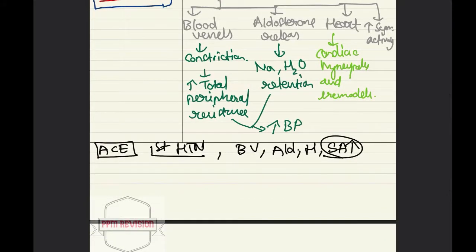And if you look at the blood vessels, it results in increased peripheral resistance. That is nothing but, we can also relate it to constriction.